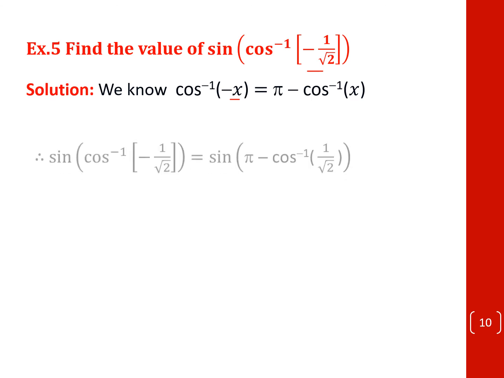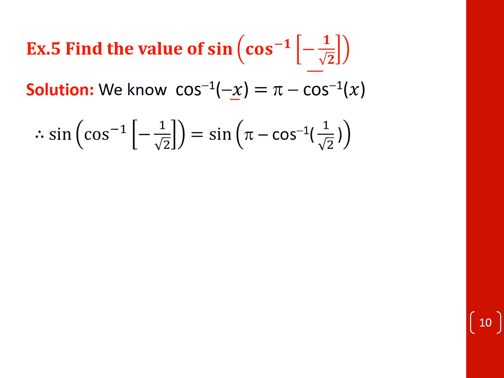Therefore, consider our given quantity, that is sine of cos inverse of minus 1 by root 2, equal to sine of, using our property, pi minus cos inverse of 1 by root 2.